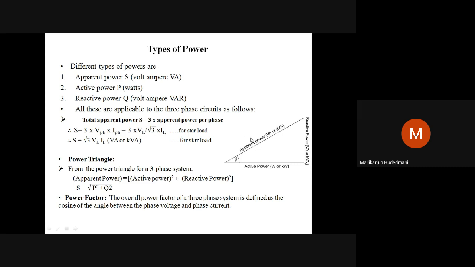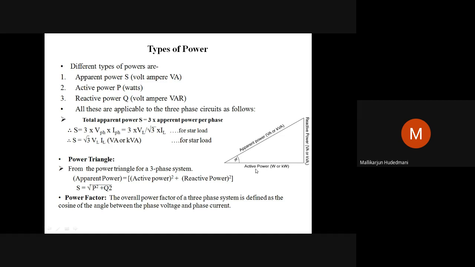What remains is root 3 VL IL. So we have root 3 VL IL as the hypotenuse, root 3 VL IL cos phi as the adjacent side, and root 3 VL IL sin phi as the opposite side to the angle here. So all these three sides must be known to you.